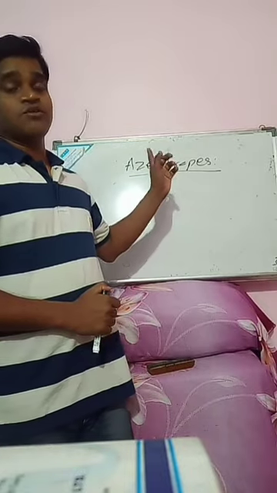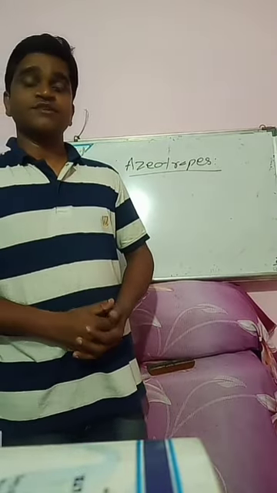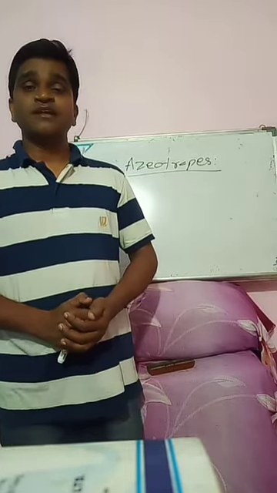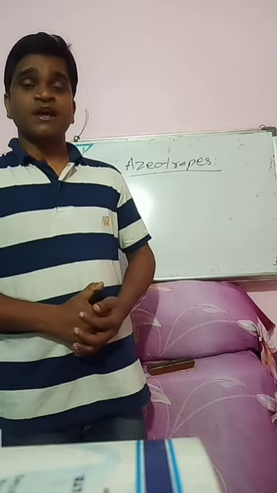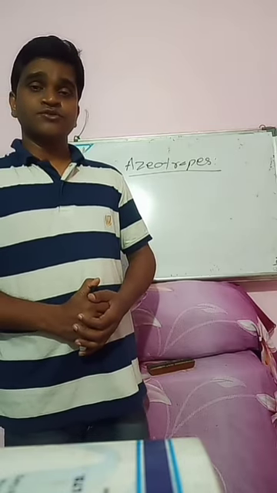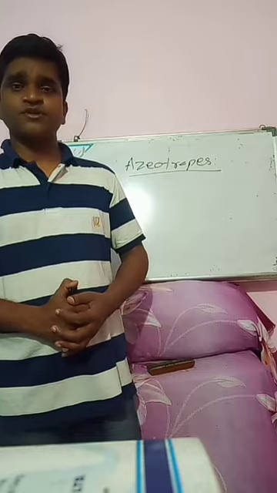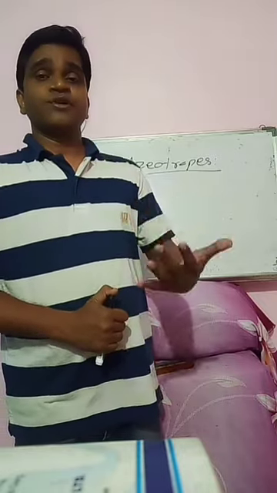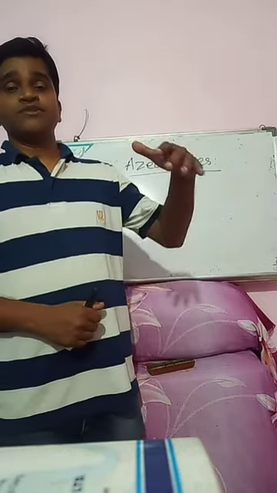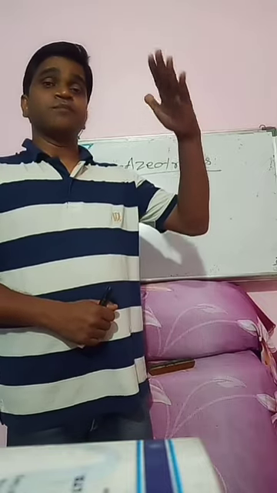So azeotropes are constant boiling mixtures, that is, they have a constant boiling point like that of a pure solvent, and as the boiling point is constant, the compositions of the components are same both in the liquid phase as well as in vapor phase.